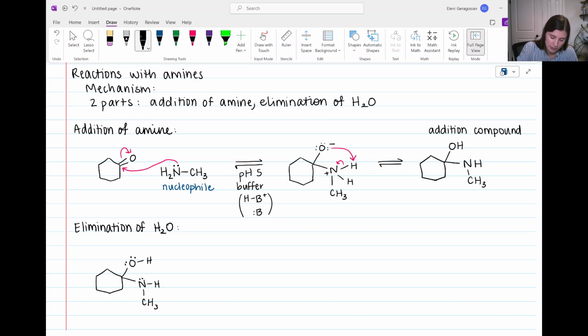Now with the buffer solution, we have both acid and base present. So I will write that generic acid molecule HB+. The oxygen will take a proton from the acid that's present, and then our B will just become a B. With this protonation step, we now have a substituent H2O, which we know is a good leaving group.